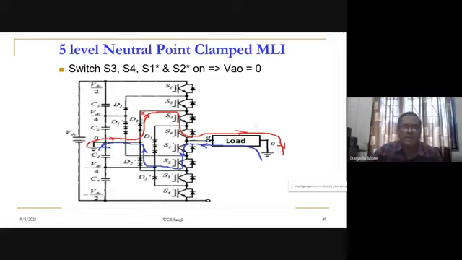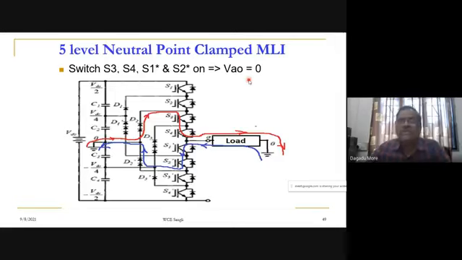Through this D1 and through S3 and S4, point A is connected to O. When the current is negative, point A is connected through S1 star and S2 star to D2 dash, and then it is this. So we have shown it here. S3 and S4 are on for one direction of current, S1 star and S2 star are for the other direction of current, and in that case, point A of the load and the center point of the DC will be shorted, and our VAO will be 0.